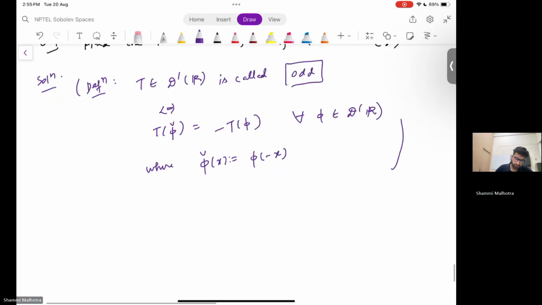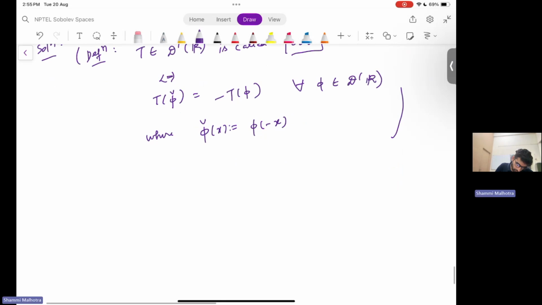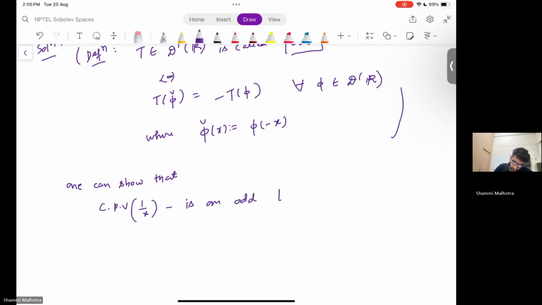So one can show that this Cauchy principal value of 1 by x turns out to be an odd tempered distribution.